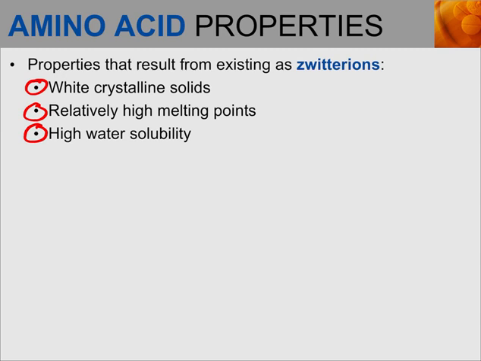So let's draw out a generic amino acid. We've got our positive charge on the left for our amino group, the negative charge on the right, and then some sort of R group coming off that alpha carbon in the middle.